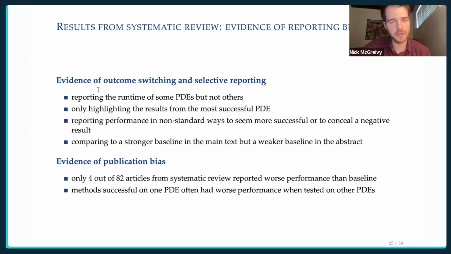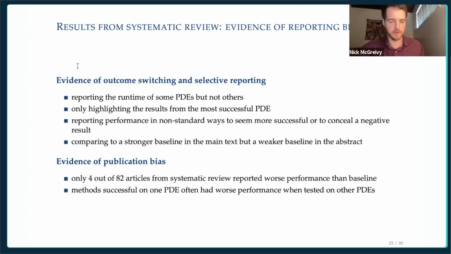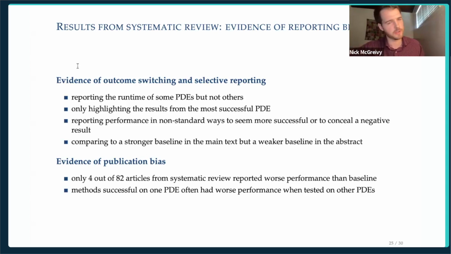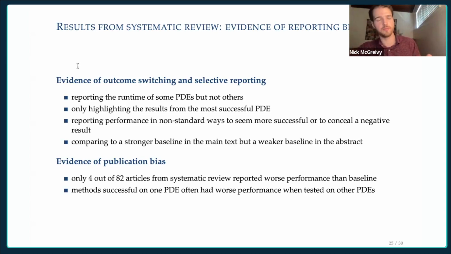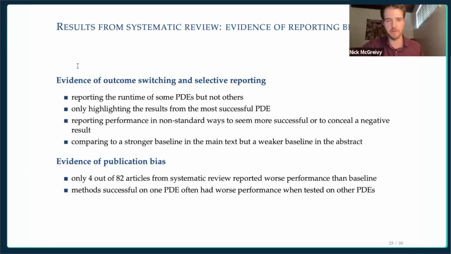The things we did see were, for example, reporting results for one PDE in comparison to a baseline, but then not comparing to baselines for other PDEs. Another common thing was that, instead of reporting the runtime, which is quite a hard thing to beat for a standard numerical method, they would report different metrics that were easier to beat the baseline on, and not report the standard metric of runtime.